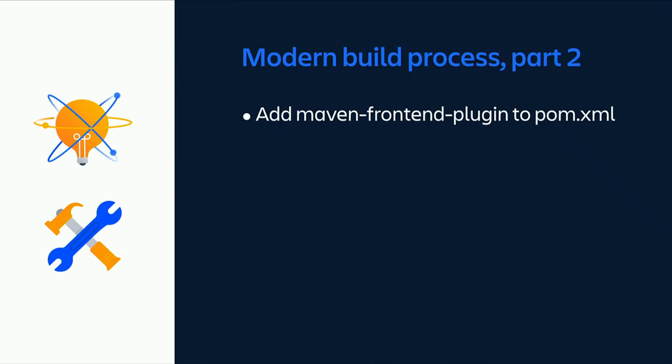To do this, we're going to add, as I mentioned before, our Maven front-end plugin to the plugin XML. This will install Node, as well as install all of your npm packages on the initial build. Subsequent to that, when you're running Atlas Maven package or Atlas Maven deploy, you get an all-in-one build process. So it will get all of your modules and run everything for you.